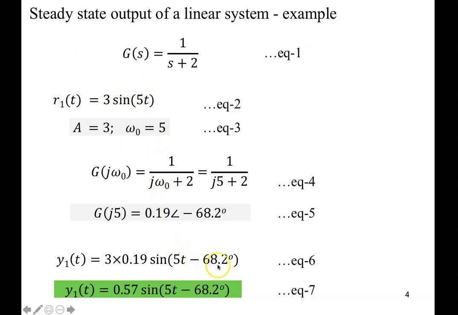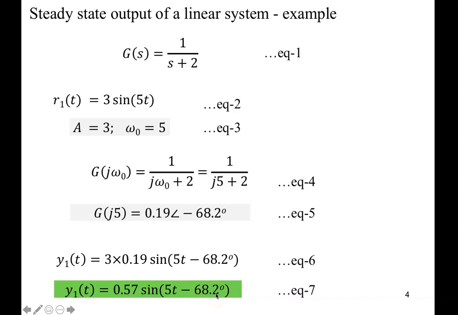And then the remaining part is the initial phase angle, which in this case is 0, plus the phase angle we obtained from the complex number, or from the transfer function. So it's 0 minus 68.2 degrees. If we reorganize that, 3 times 0.19 is 0.57, and sine 5t minus 68.2.